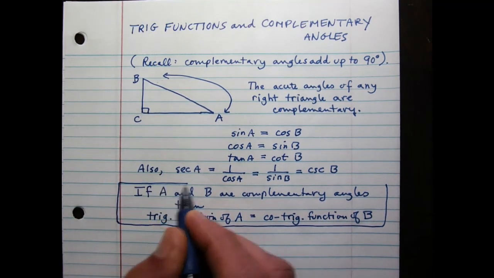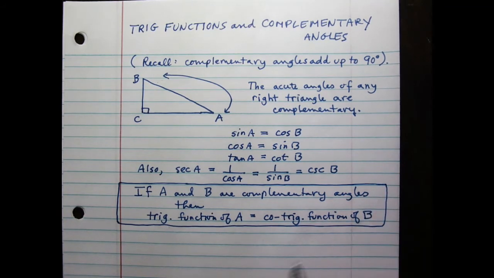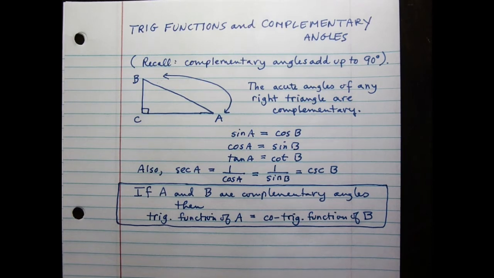So a trig function and a co-trig function is like sine and cosine, or tangent and cotangent, or secant and cosecant.